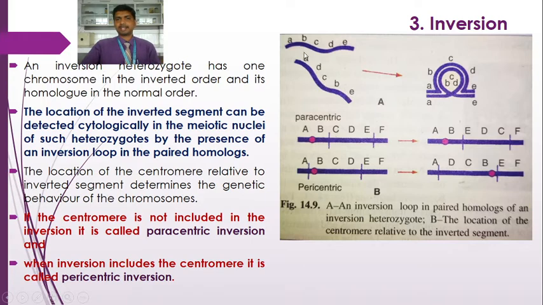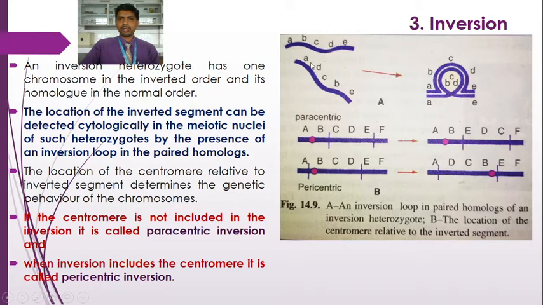Suppose this is an example: this is the homologous pair having a gene order A B C D E, but in one of the homologous chromosomes the gene order has been changed due to the inversion. Here the breakage occurs between A and B, and another break occurs between D and E, and the middle genes, that is B C D, have been inserted in this chromosome by rotating them by 180 degree on their own axis.